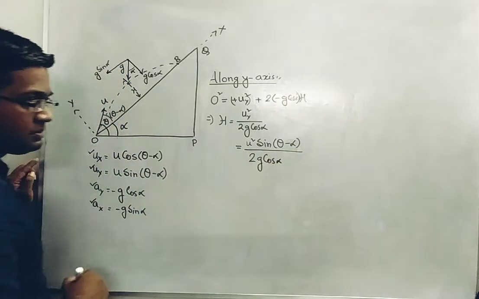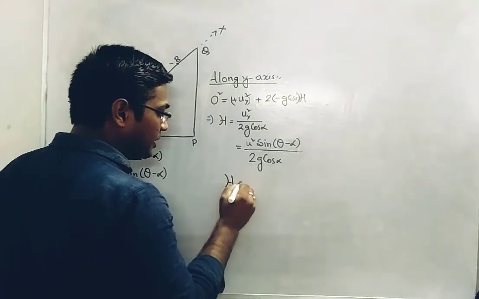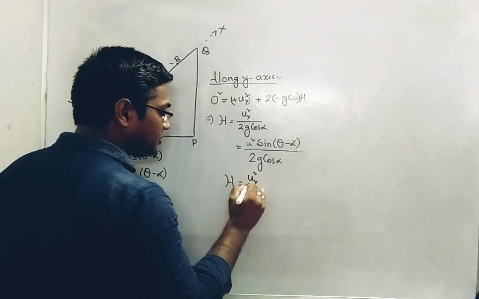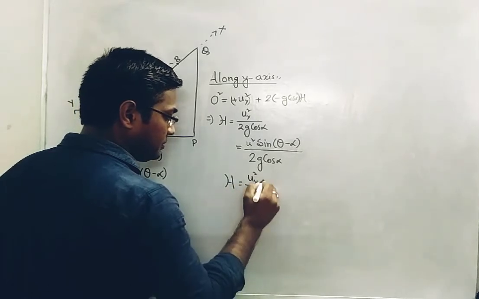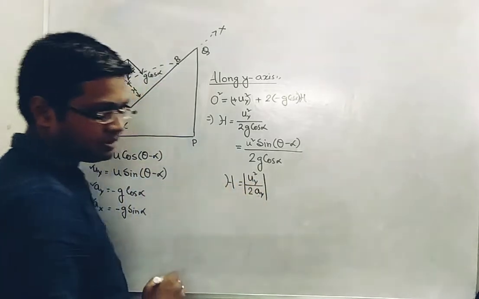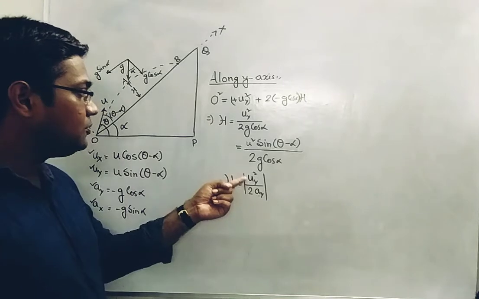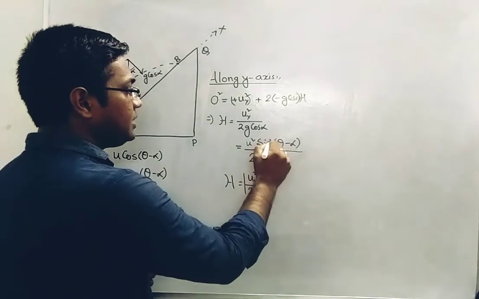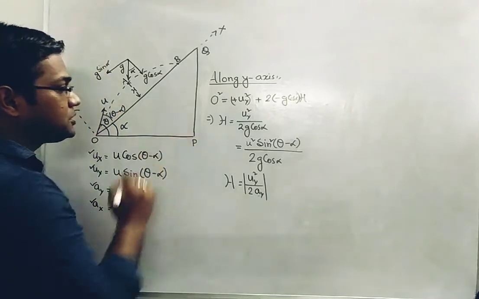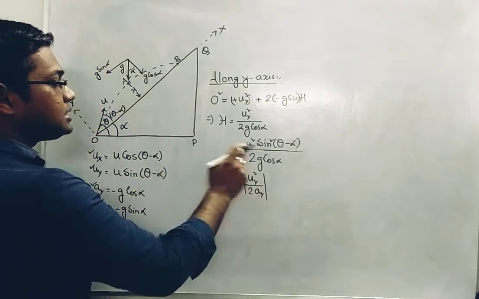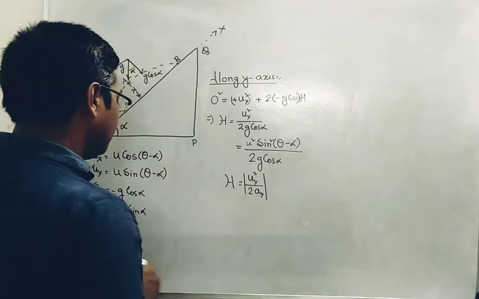Technically, H equals uy squared divided by 2ay, and this value gives us the maximum height. Here uy is u sin(theta minus alpha) and ay is g cos alpha. So the expression for the maximum height is u squared sin squared(theta minus alpha) divided by 2g cos alpha.